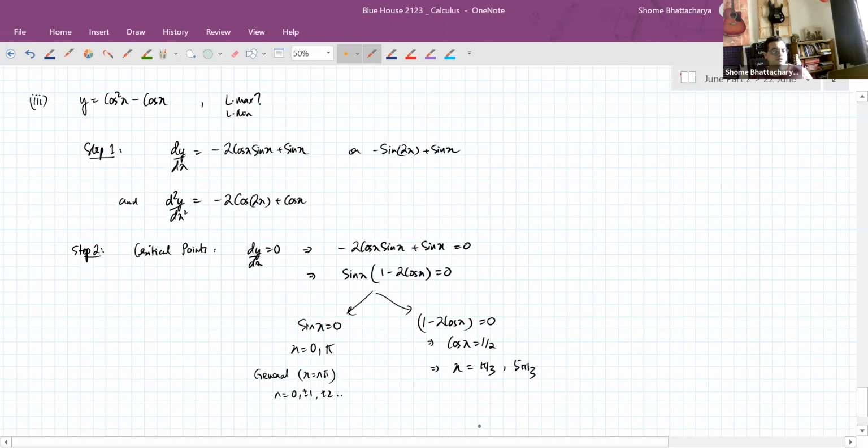Cos is positive in the first and fourth quadrants, that is 60 degrees or 300 degrees. General solution, we can write x is equal to 2n pi plus minus pi by 3.